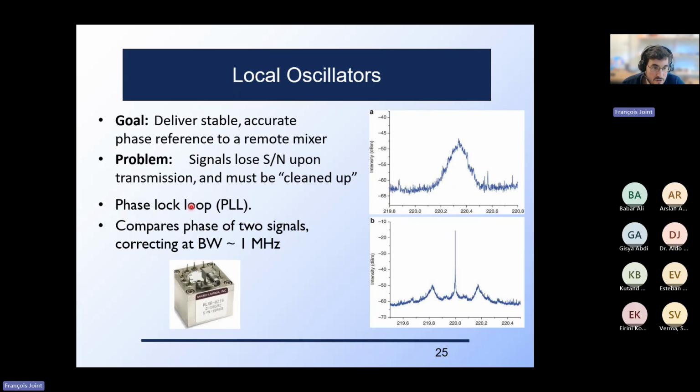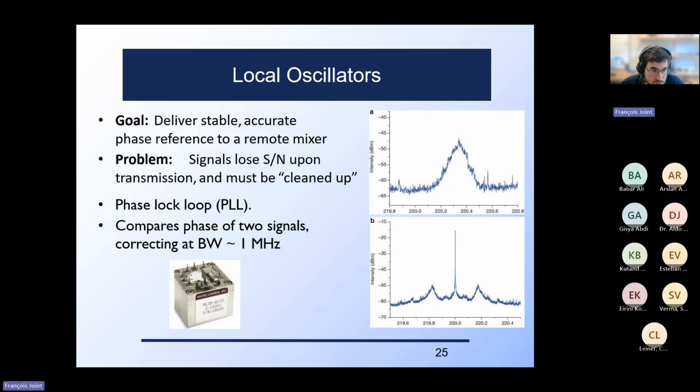Usually we start from a 10 megahertz standard that we lock on a synthesizer, and we use multipliers to build up the frequency up to the interesting band. So we have a lot of multipliers in front of the initial source, and then we use a PLL, the phase lock loop, in order to stabilize the signal.